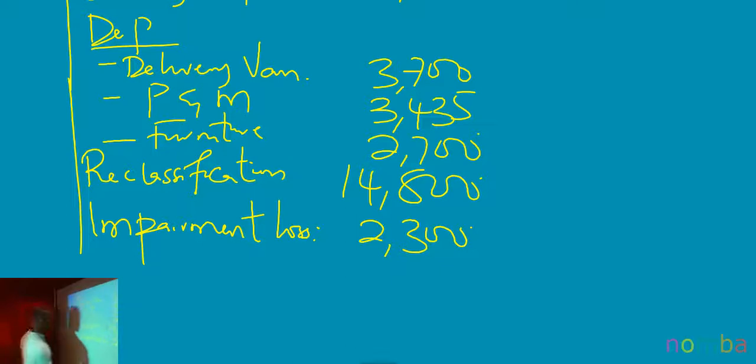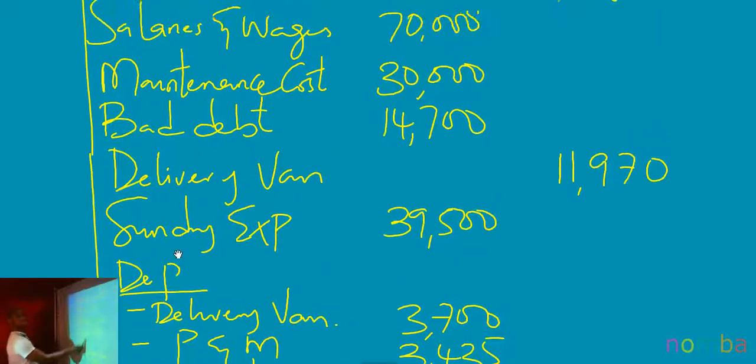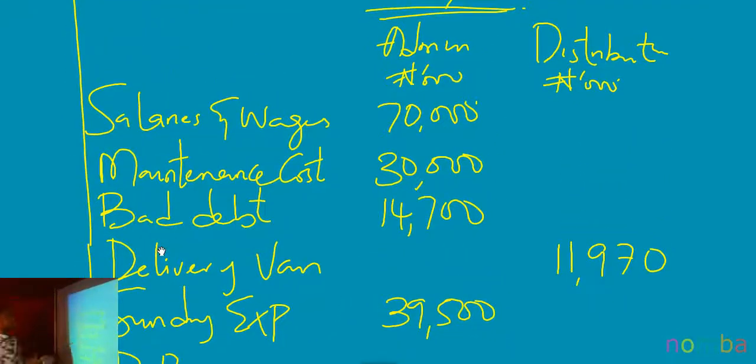Okay, so we have picked all items. So let's total them together. Let me start with the admin. It has the major items. Salaries and wages was 70,000. The maintenance costs is 30,000. The bad debt is 14,700. The sundry expenses is 39,500.